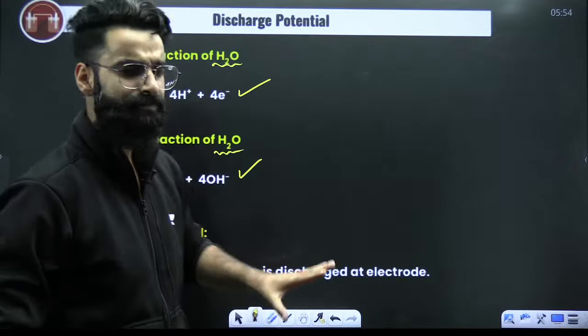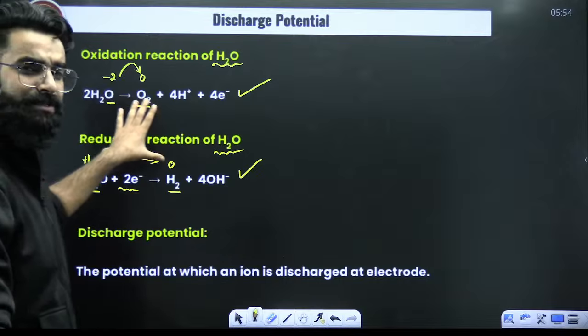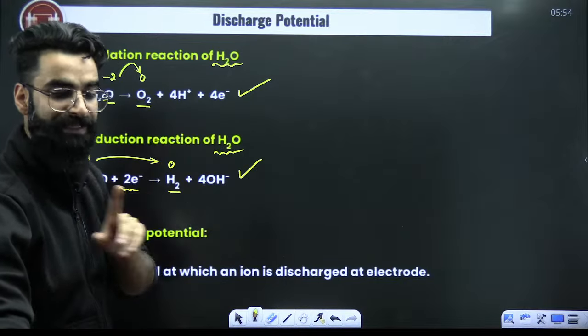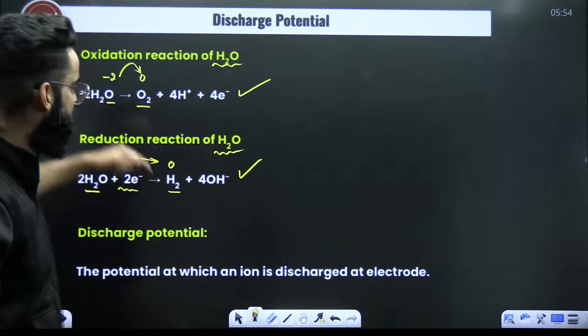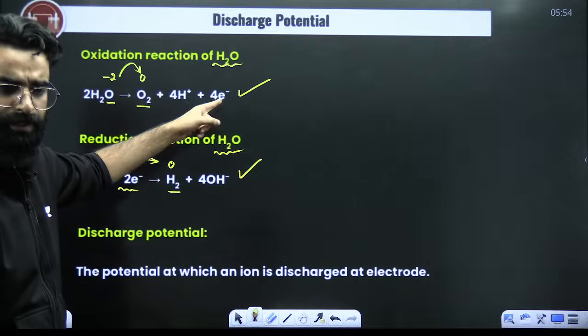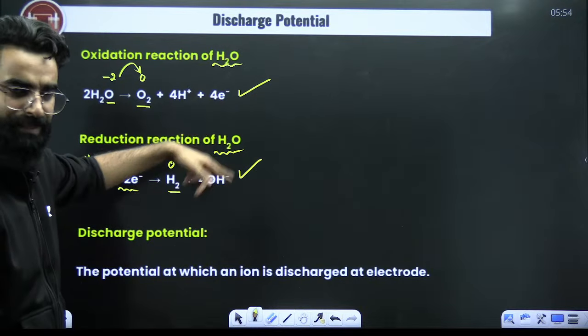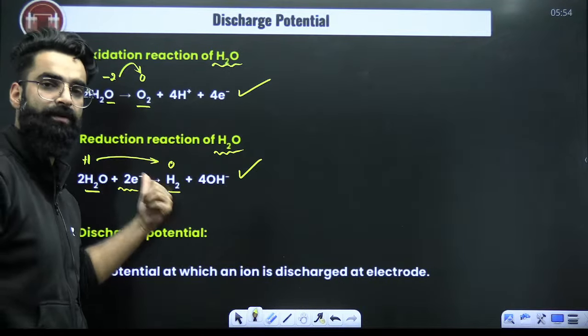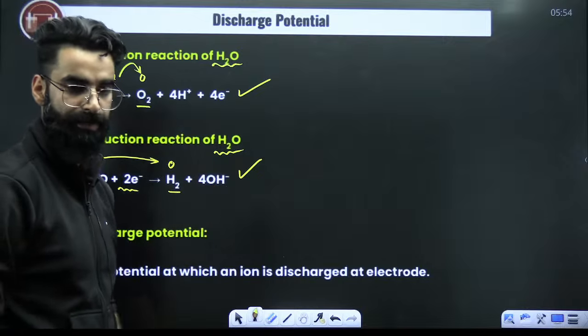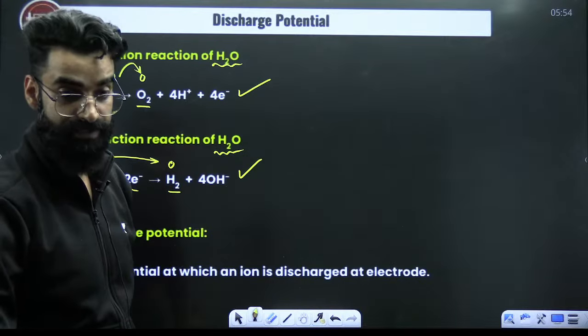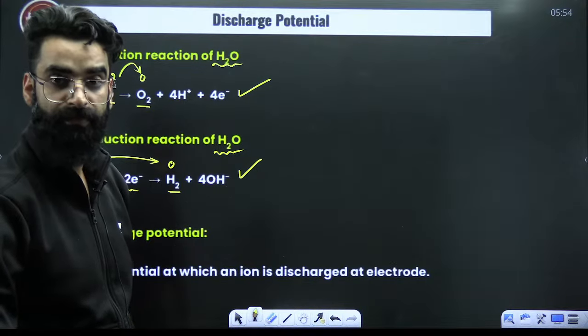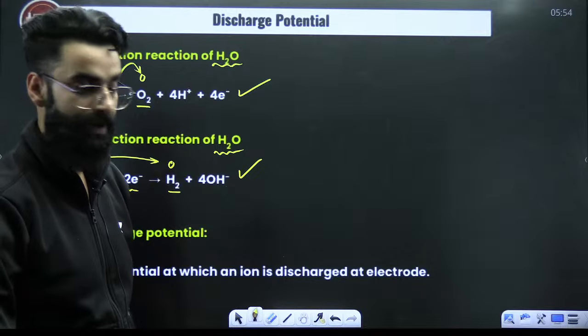So first, take a note of these two reactions. They are important. Why they are important? You'll get the idea in some time. First one is called the oxidation reaction of water, in which loss of electrons is happening. Second one is called the reduction reaction of water, in which gain of electrons is happening. Perfect. Right, guys?